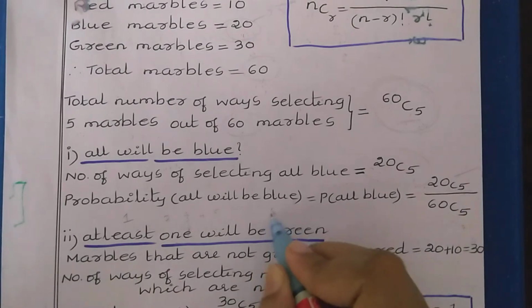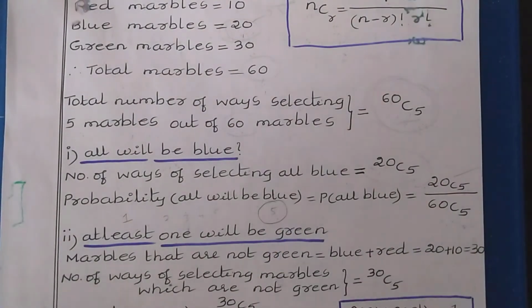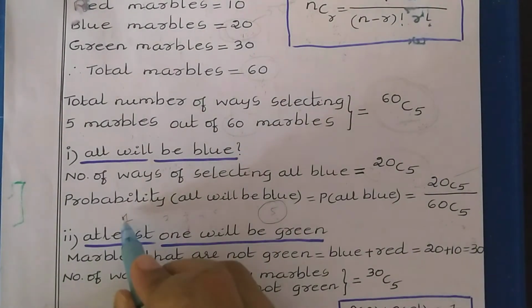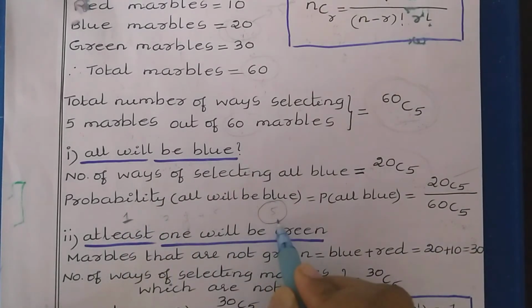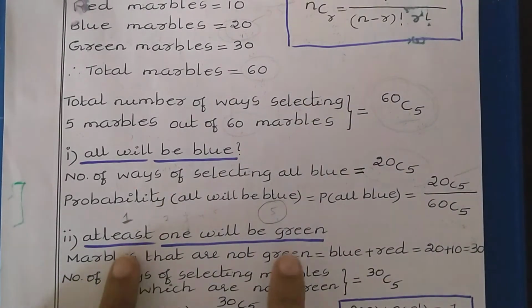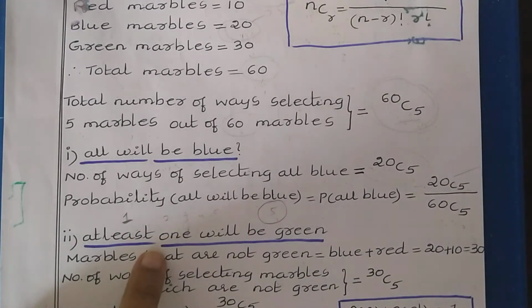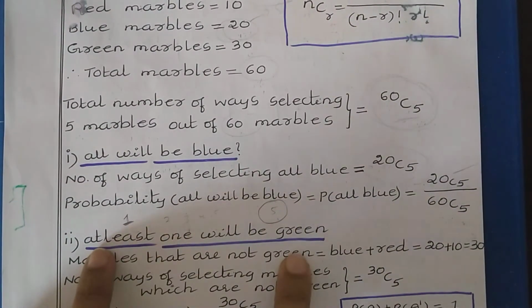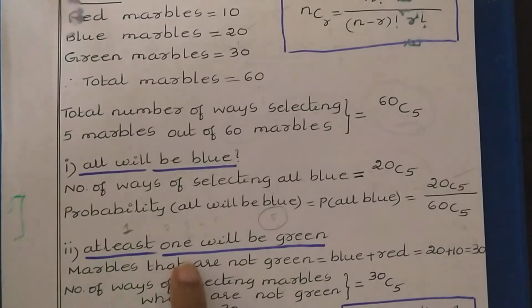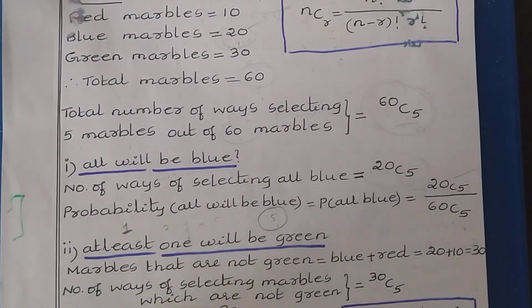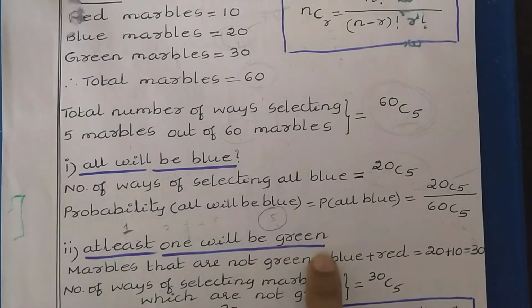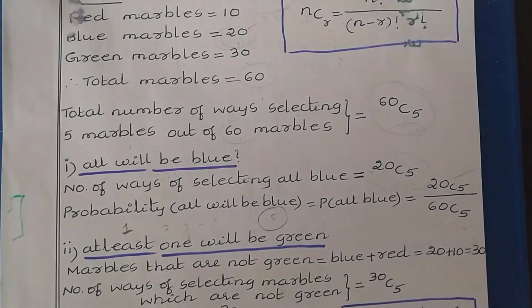Here we are selecting totally 5 marbles. In that, minimum is 1. Among those 5 marbles, 1 marble should be green, or it may be 2, 3, 4 or 5. But 1 must be there. So that is the condition for at least 1. This probability we need to find.